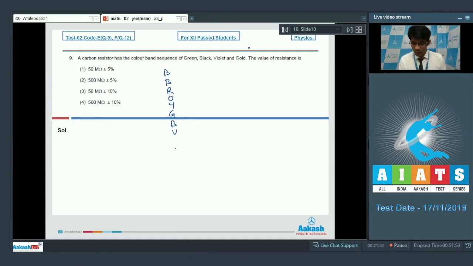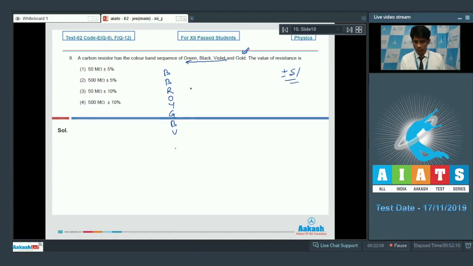Important thing here is for the last color to be gold, the variation, or you may say the tolerance level, would be plus minus 5%. And by taking these 3 color segments, we will be able to find out the major resistance part.